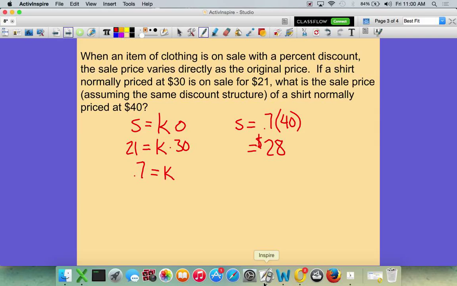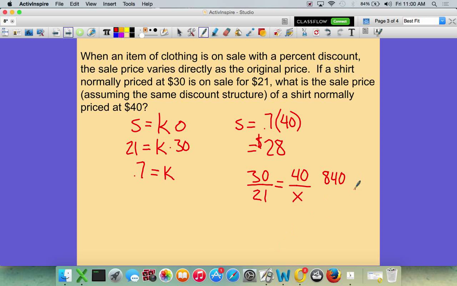Now you can absolutely do this the other way too. The numbers just get a lot bigger with this one. 30 over 21, the original over the sale, equals the original over the sale. So this would end up being, let's see, 40 times 21 is 840, I believe.